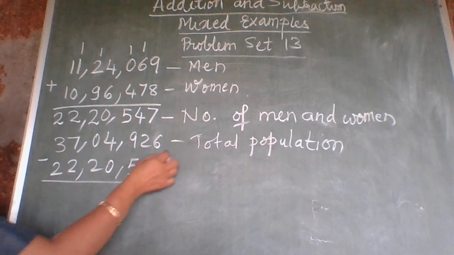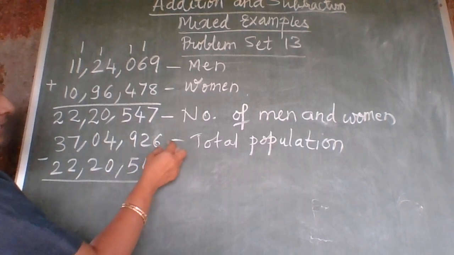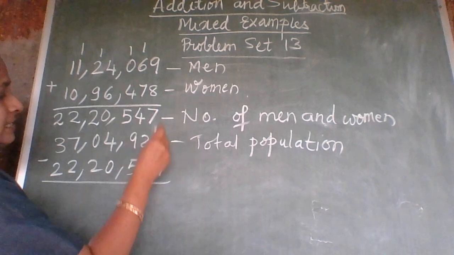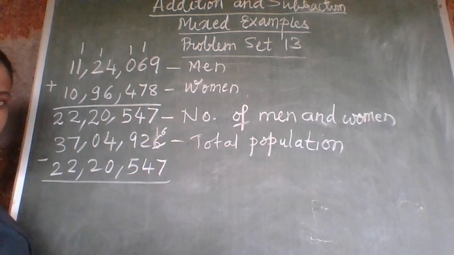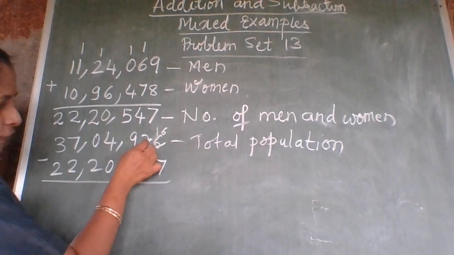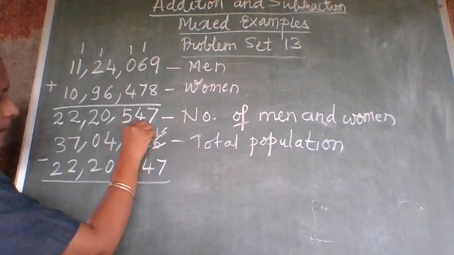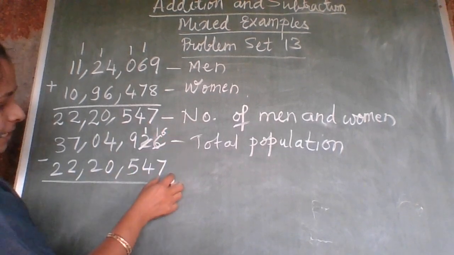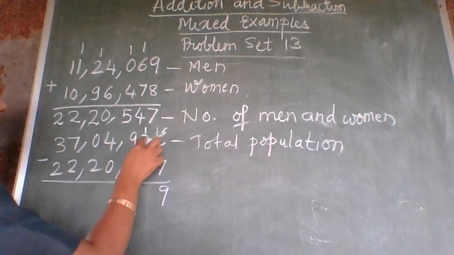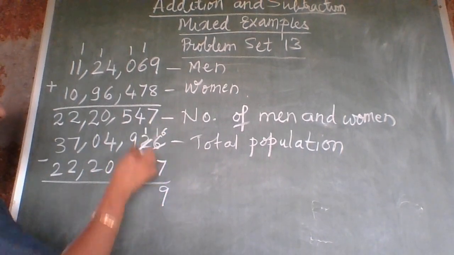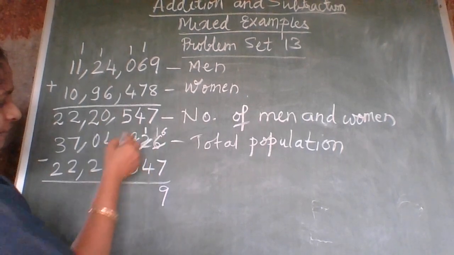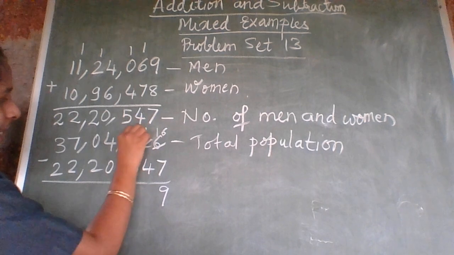Now this is 6, which means less than 7, so we have to borrow 1 from here, so this will become 16. You have to write here like this, 16, and once you borrow 1 from here, this will become 1, correct? Now 16 minus 7 is 9. Now this is 1 and this is 4. Again 1 is less than 4, therefore we have to borrow from 9 from this side, and this will become 11.